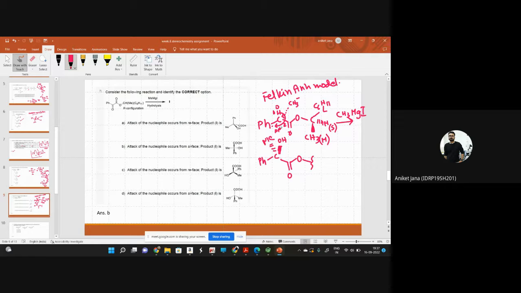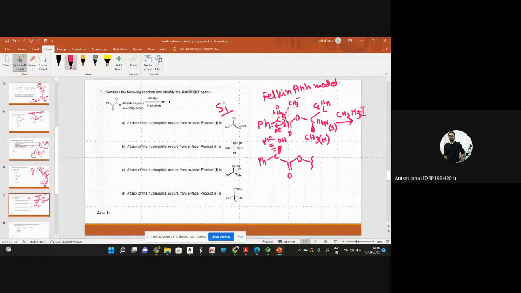So the back side of the carbon will automatically be the face from where the methyl will attack. That will be the Si face. It's not the Re face, so it is the Si face. What we are looking at is the Re face, and the backside definitely will be the Si face.